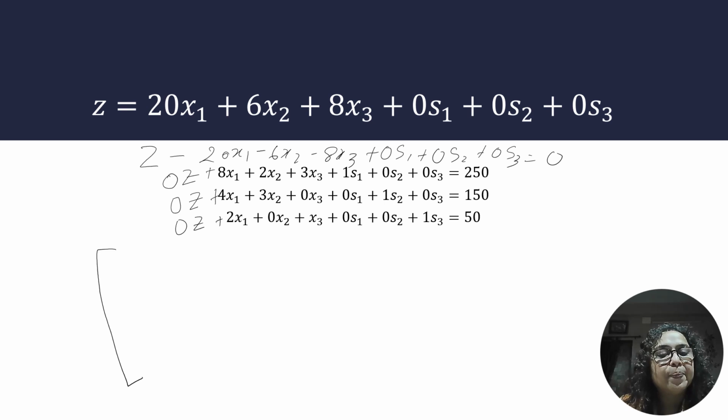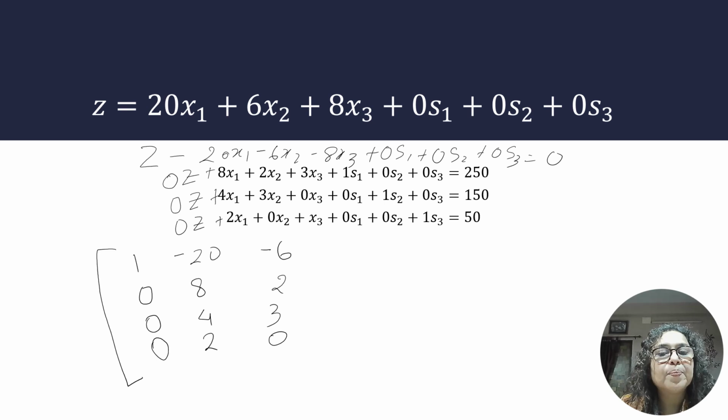We will have 1, 0, 0, 0, and we will have minus 20, 8, 4, 2. We will have minus 6, 2, 3, 0.